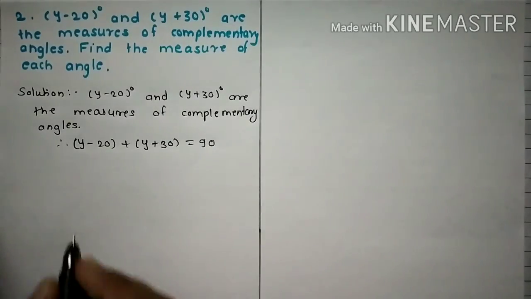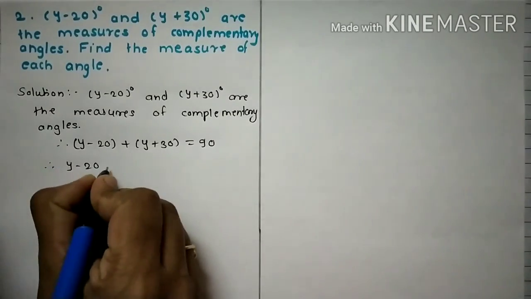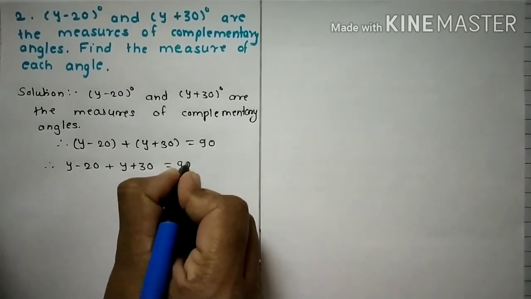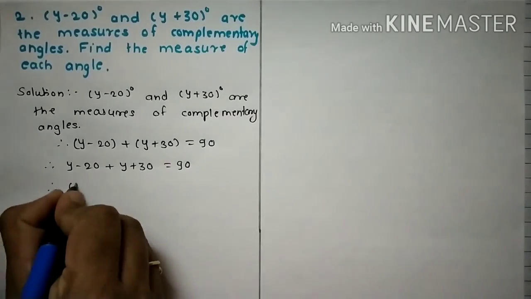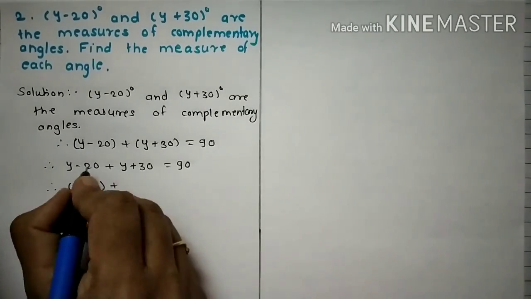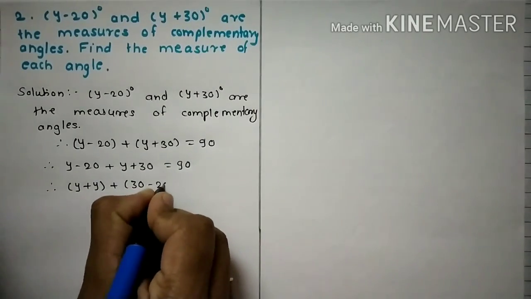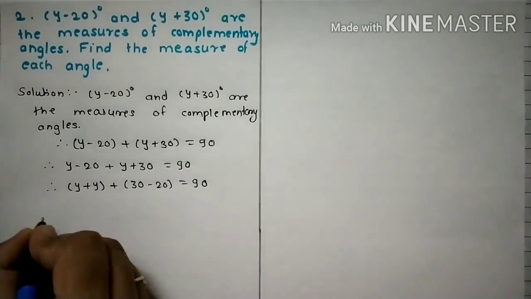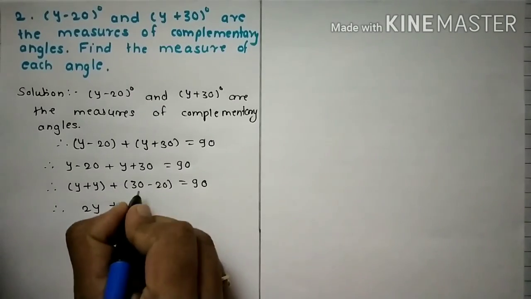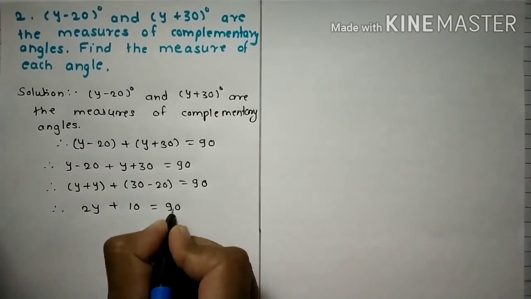Okay. Now we solve this. First we remove the brackets: y minus 20 plus y plus 30 equal to 90. Write the variables together: y plus y, plus minus 20 plus 30, which is written as 30 minus 20, equal to 90. Therefore y plus y is 2y, plus 30 minus 20 is 10, equal to 90.